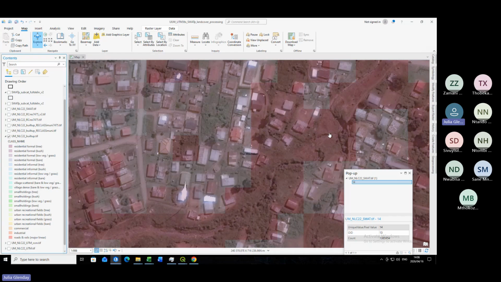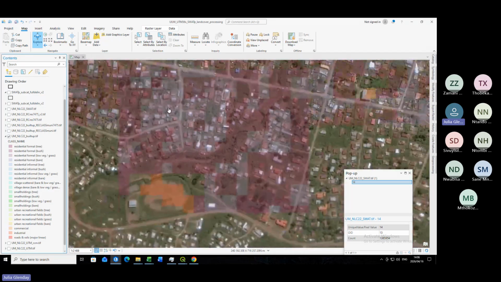And it catches a few buildings, obviously, because it's mapping at a grid cell square, but I made that class into a low density. And then the formal bush and formal low veg grass and formal bare are mapped as a higher density. I put them in a higher density class for the model purposes.